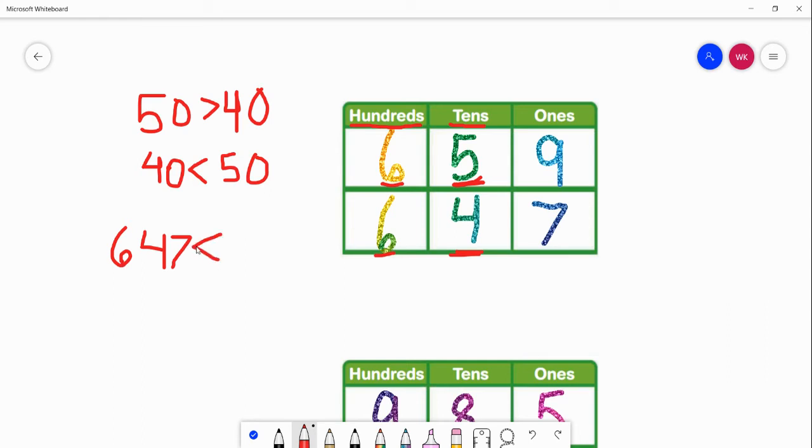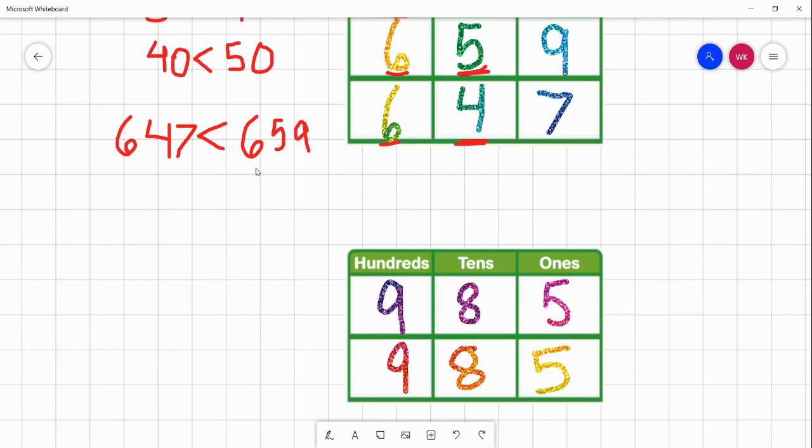I always put that little point right here. I always say this point is always facing the smaller number. That's just another little hack if you need help with greater than or less than. So 647 is less than 659.